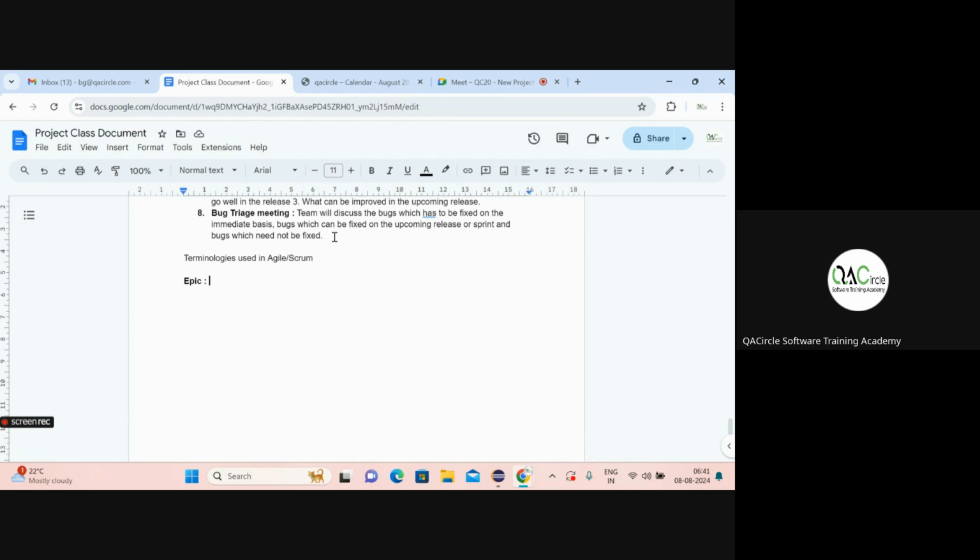Okay, now we will not be able to implement that referral feature as a whole. So what we will be doing is breaking down that requirement into small stories. I'll give you a simple example with the same referral thing.